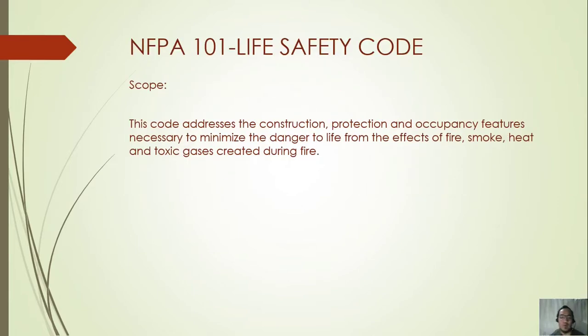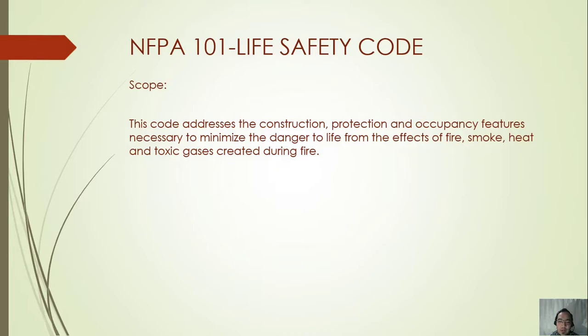NFPA 101 is a life safety code. Like what I said earlier, when you're using a standard or a code in NFPA, you have to read the scope first. So what is the scope of NFPA 101?